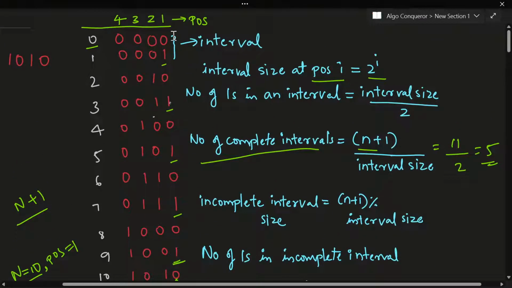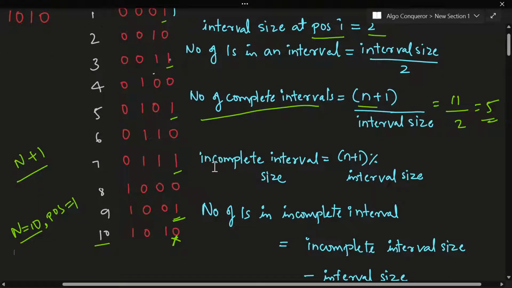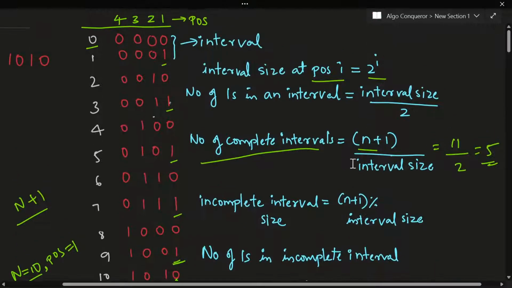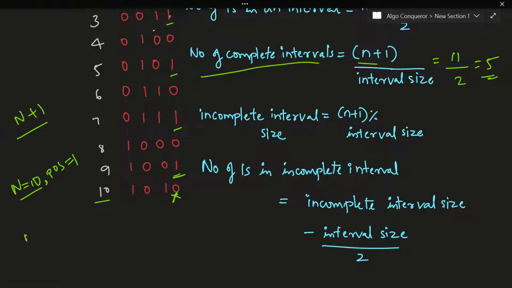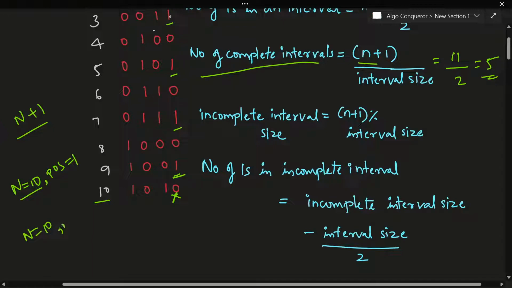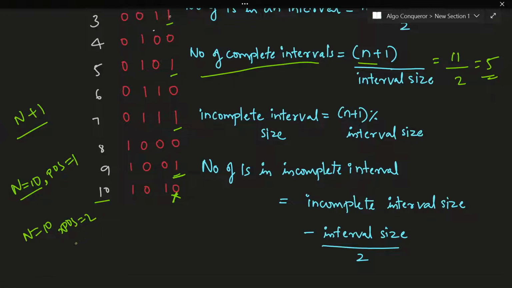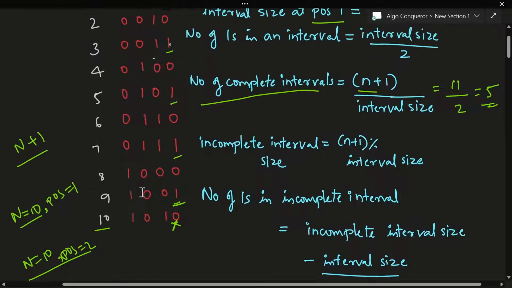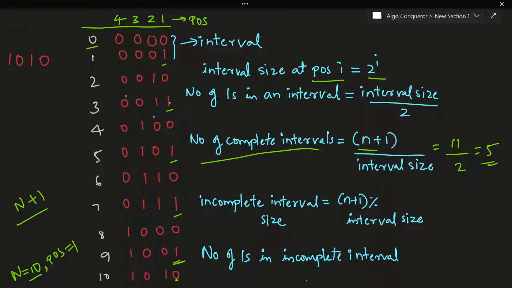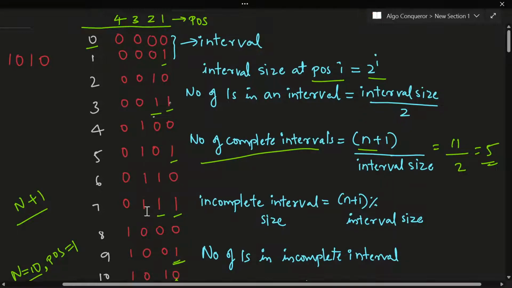Now let's take position 2 and find the incomplete interval size. Now I am giving you n is equal to 10 and position is equal to 2. You just have to tell me the number of complete intervals at position 2. How will you do that? Until here there is 1 interval. Until here there are 2 intervals.